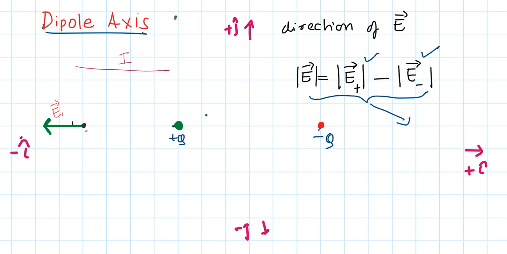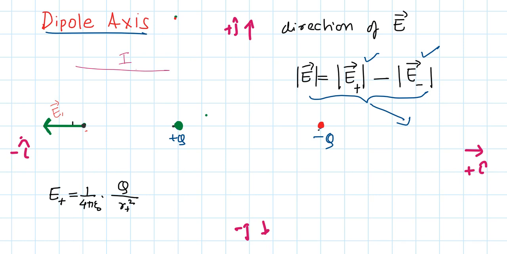First, the electric field magnitude due to the plus charge in the dipole. For that you need to know two things. One is the constant, already set to 1 by 4 pi epsilon 0, because we are evaluating everything in vacuum. Then you have plus q divided by the distance r plus squared.